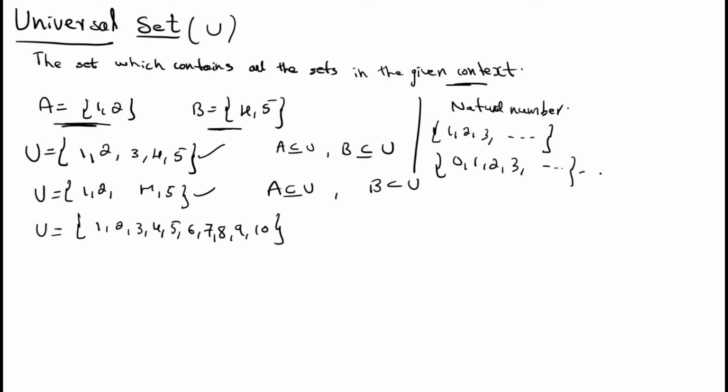So you can say that for the natural numbers, one universal set is the whole numbers, because all the natural numbers are in the whole numbers. So universal set means all the given sets are subsets of the one set. That set is called universal set, and it is denoted by capital letter U. Here capital U represents the universal set.